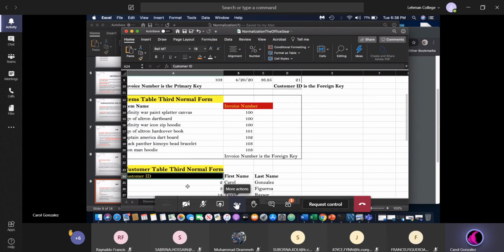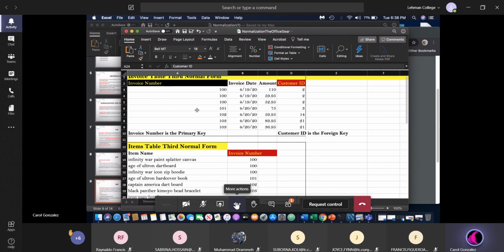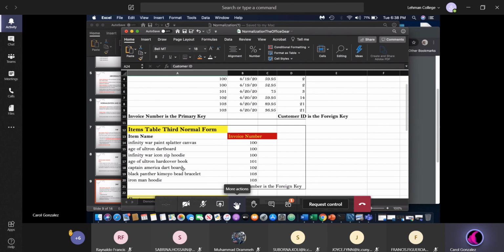So a customer can have many invoices, as an invoice can have many items associated to that invoice. Many items can be associated to many invoices.